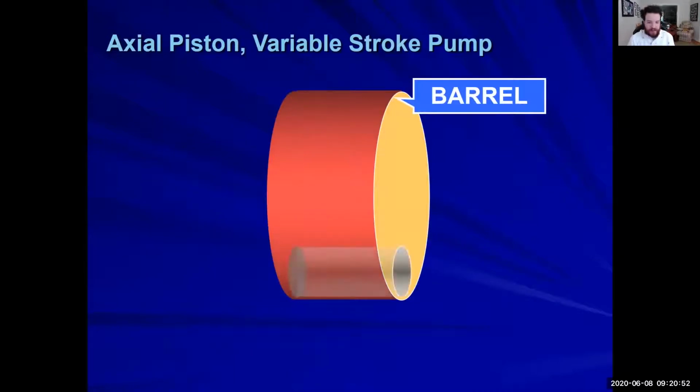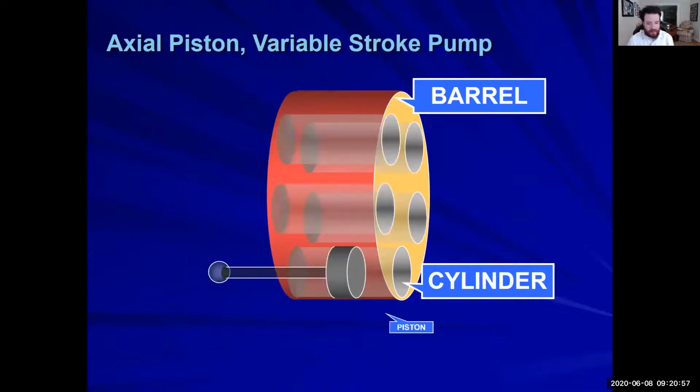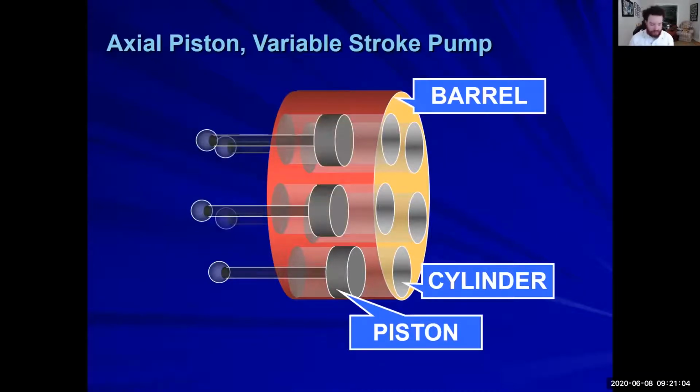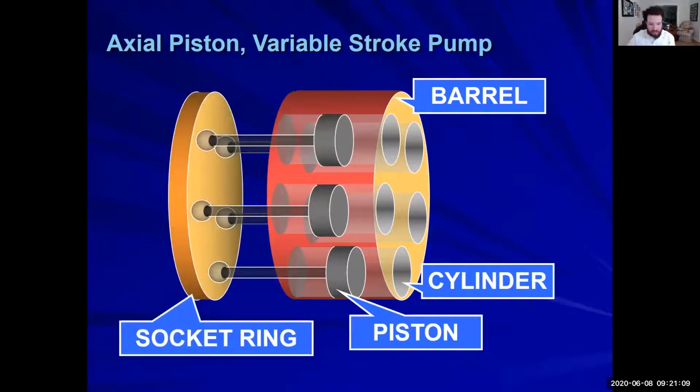So we have the barrel, and in the barrel we have cylinders. And inside the cylinders we have pistons. The pistons are going to be riding on what is called a socket ring. These balls right here are quite literally just metal balls that a stick is sticking onto.